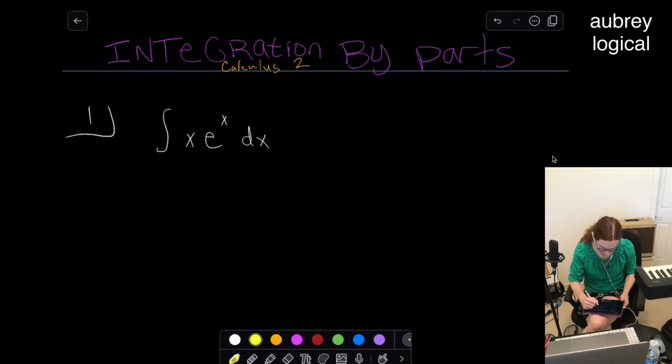First thing we're going to want to decide is which function is which in this problem. So we have two different functions. We have an x, and then we have an e to the x, and these two functions are multiplied.